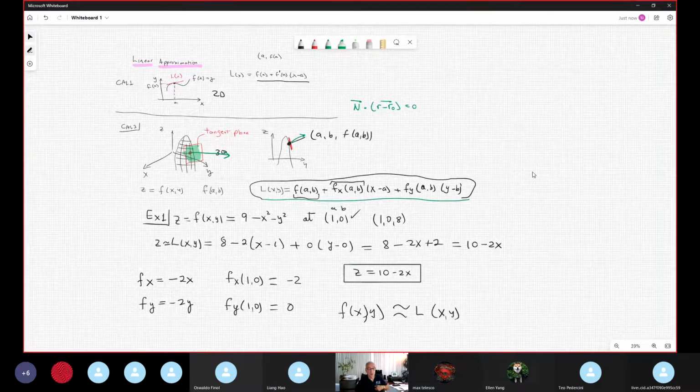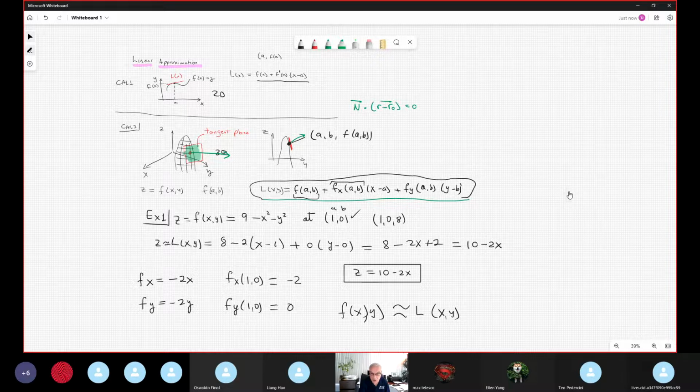Suppose that we have a complicated surface, wow, crazy, and you take a plane, which is a super easy surface, the easiest surface, that is very, very close to the surface at one specific point. This is the idea behind linear approximation. Cool? You understand? Yes. Okay.